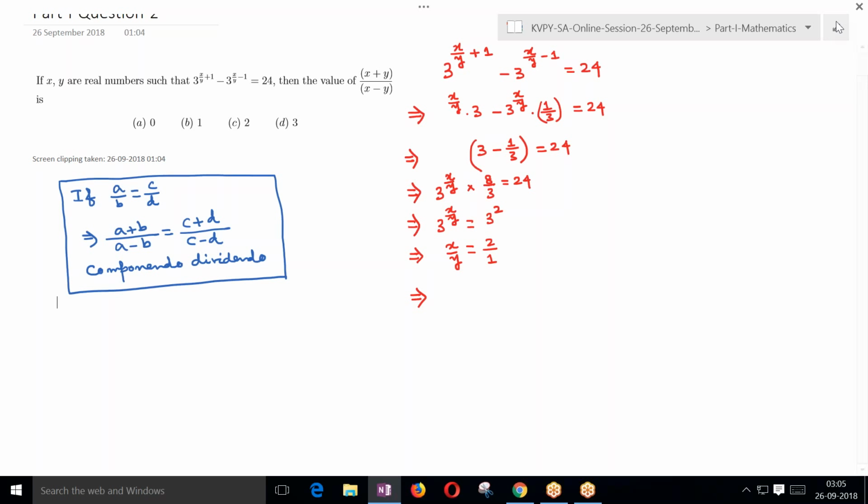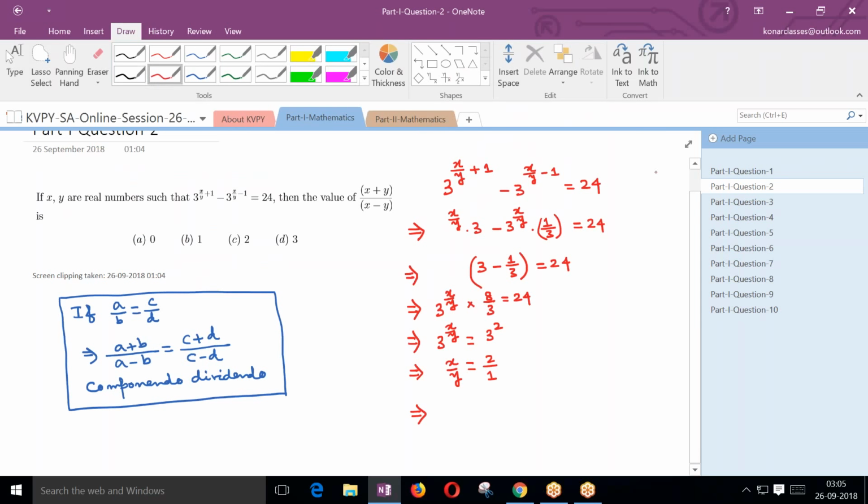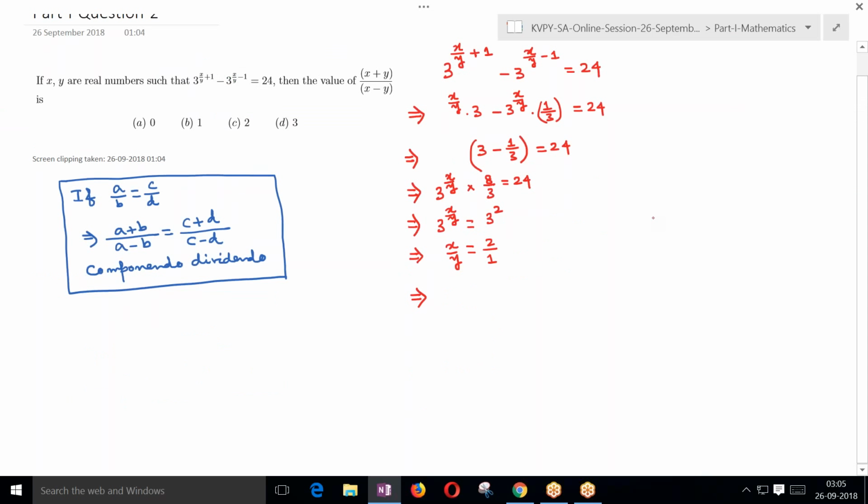And if we use this concept here, then we are going to get the value of x plus y divided by x minus y is equal to 2 plus 1 divided by 2 minus 1.